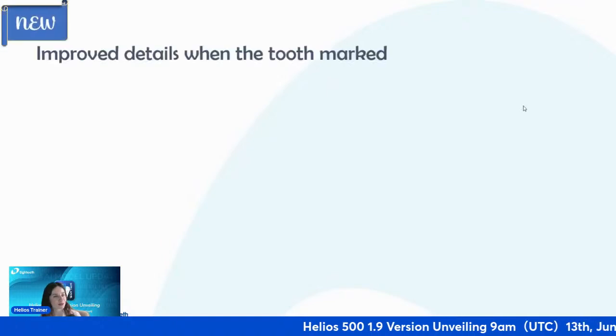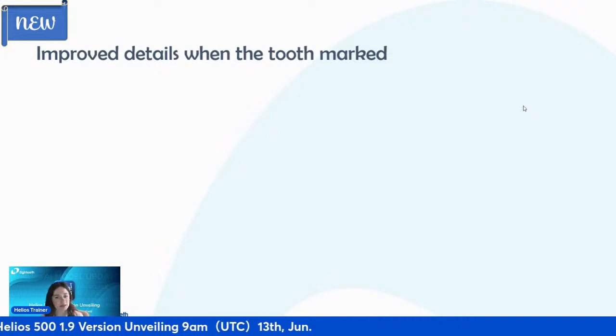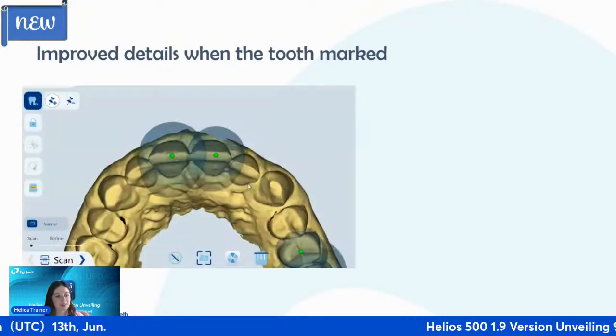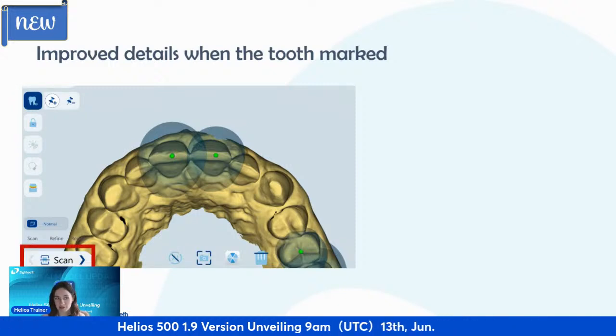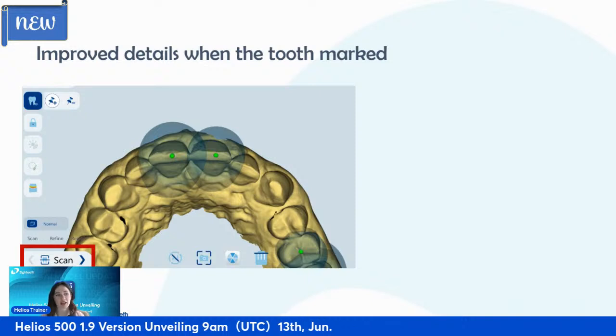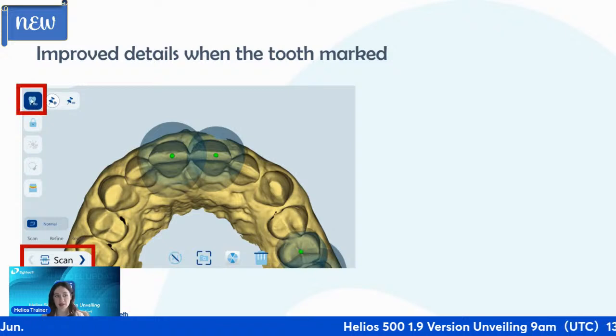And what else is new? Improved details when the tooth is marked. We had that feature already, so let me explain what it means. In the scan phase, when you scan a preparation, we had a tool in the upper left corner, which is tooth and HD.